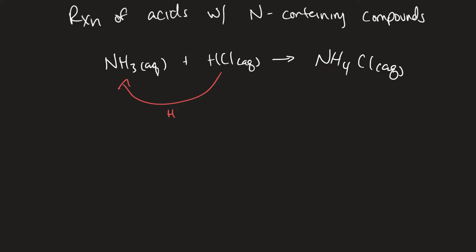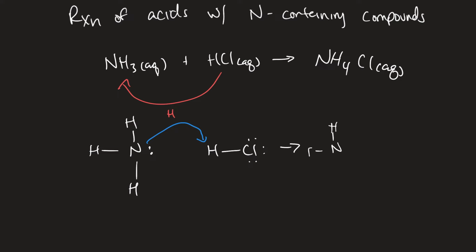If you were to write out the Lewis structure, here's ammonia, and here's your hydrochloric acid, and what happens is that the ammonia is going to take in this hydrogen, and then it's going to look like this, where we have now the ammonium ion, NH4, and then you have this chloride ion.